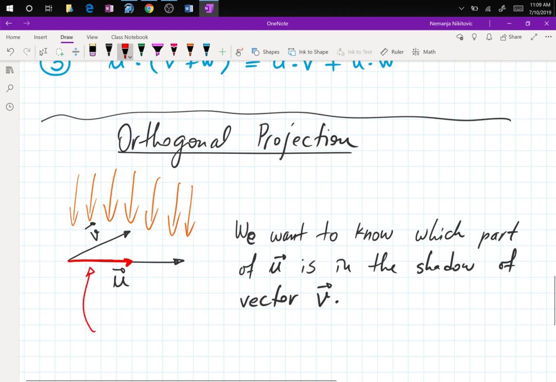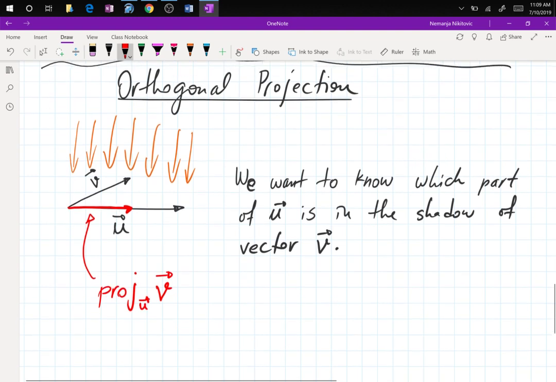That red line there is a projection of vector v onto vector u. So your base vector, the one that you are projecting onto, is going to be here. Now, the notation follows log notation. Remember when they say log base 2 of 7, the base is the small number on the bottom. Well, vector u is actually a base for this projection because it's the one that will carry the shadow.